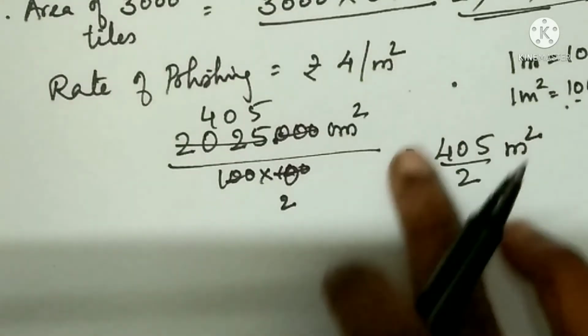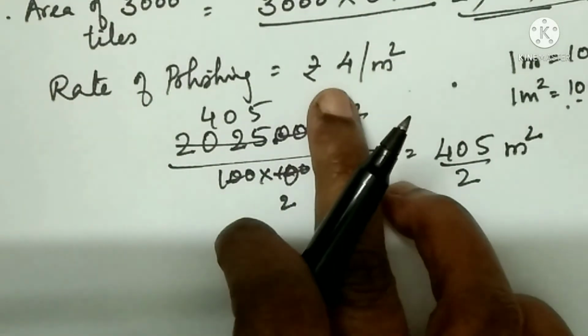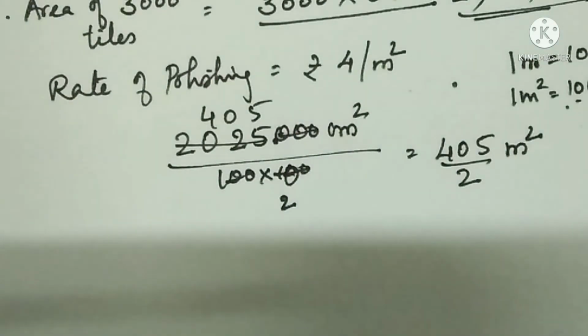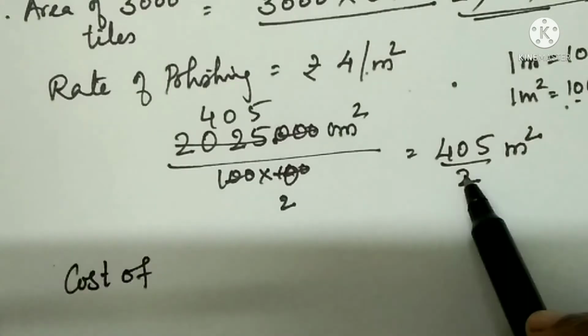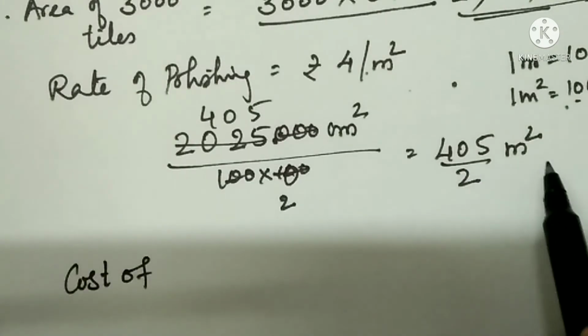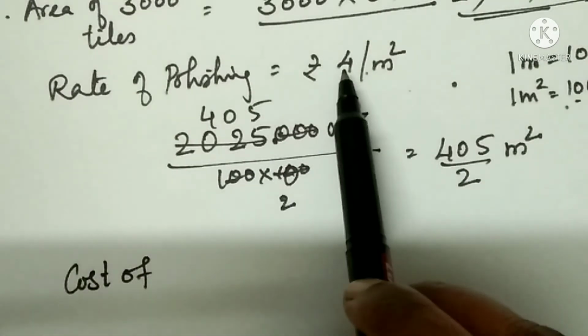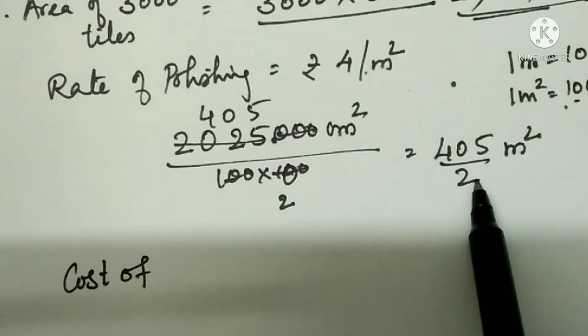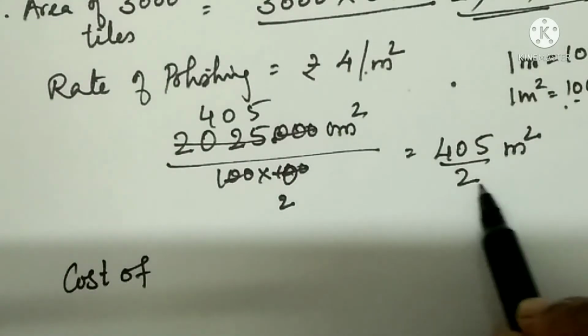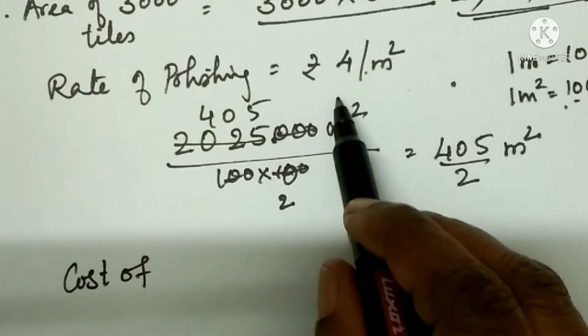Okay. Now for this area, at the rate of 4 rupees per meter square, what will be the charge? The total area. Cost of polishing 1 meter is 4 rupees. So this many meters will be 405 upon 2 multiplied by 4.